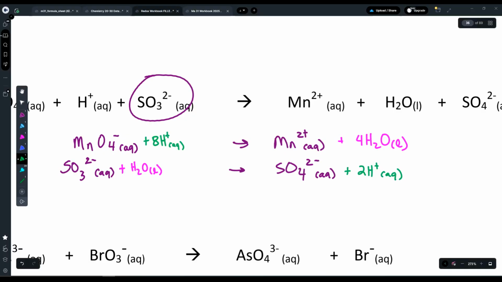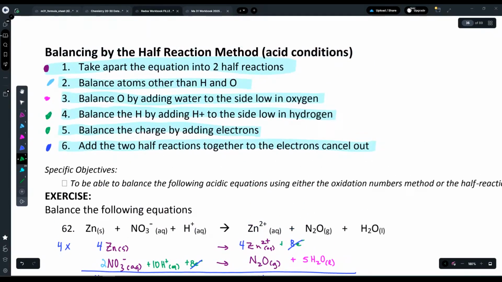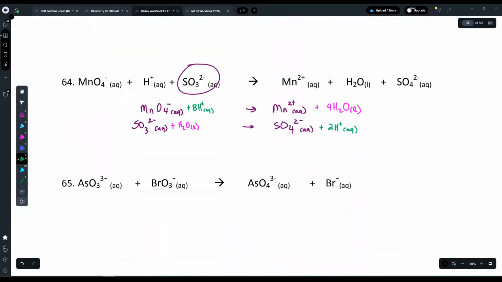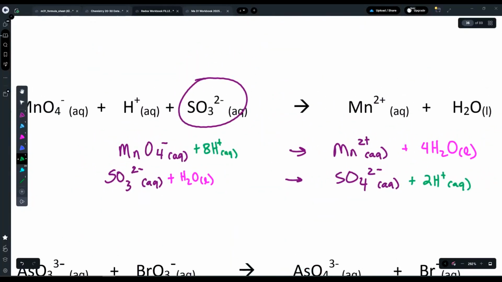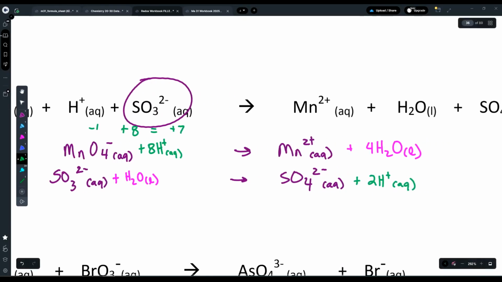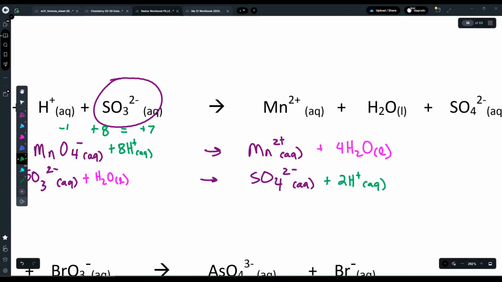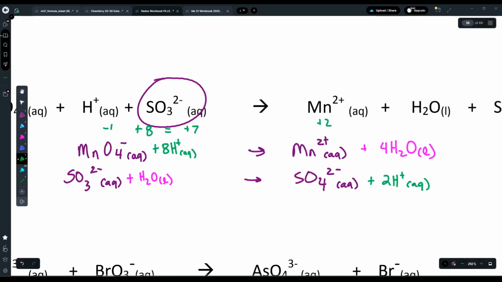Okay. So next I've got to balance out the charges. So for the first reaction, I've got 1 minus coming from the permanganate ions, plus 8 coming from the hydrogen ions. So that's going to give me plus 7. Okay, and then on my product side, looks like I just have plus 2 coming from the manganese ion.